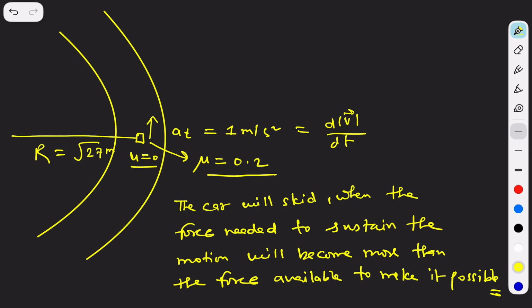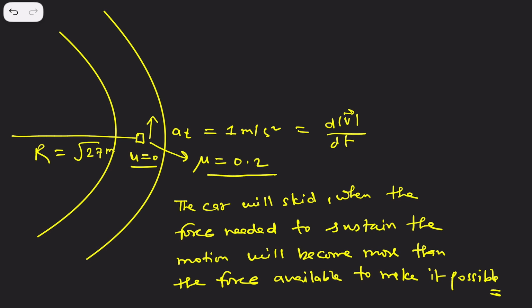Along with that, because you are moving on a circular path, you need centripetal force, which also comes from friction. So the friction acts in this direction, and if the friction needed is not enough to provide this, then it fails and skidding will happen. I hope you understood the logic.